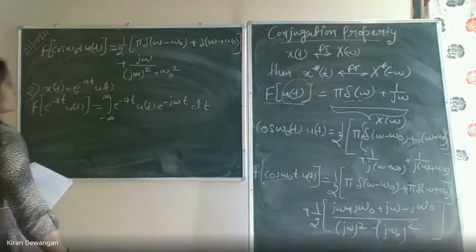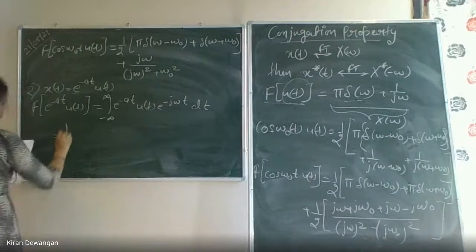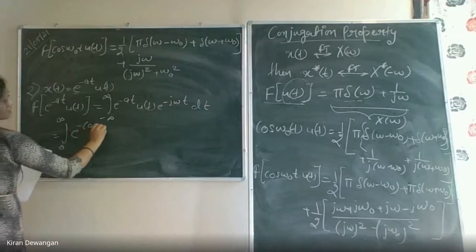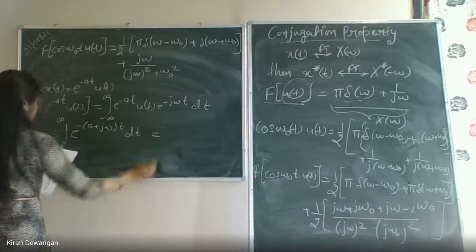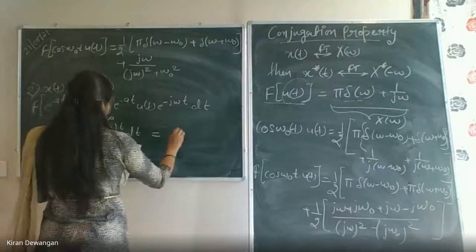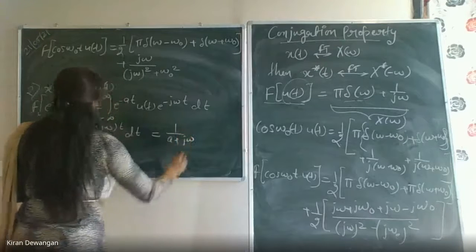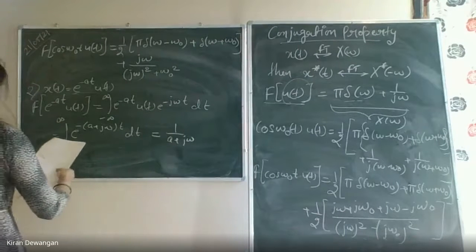Directly putting in the formula of Fourier transform, since it is u(t), the integration will be 0 to infinity e to the power minus (a plus j omega) t dt, and the answer is 1 by a plus j omega. We have already done this question, so the answer will be 1 by a plus j omega.